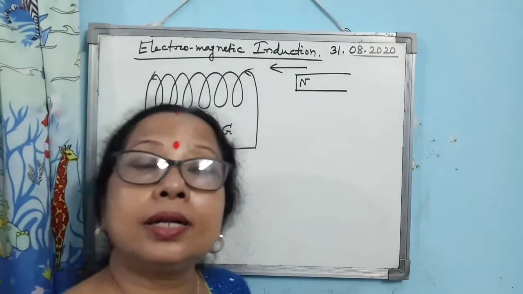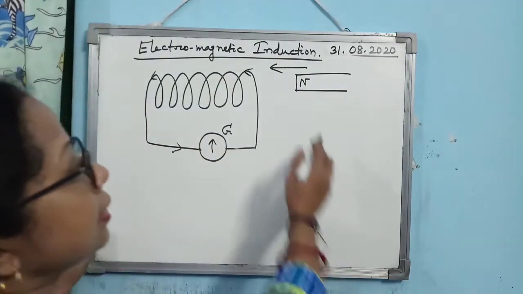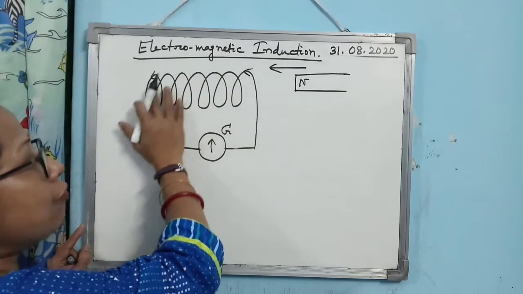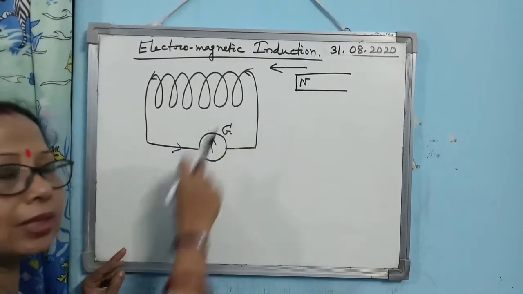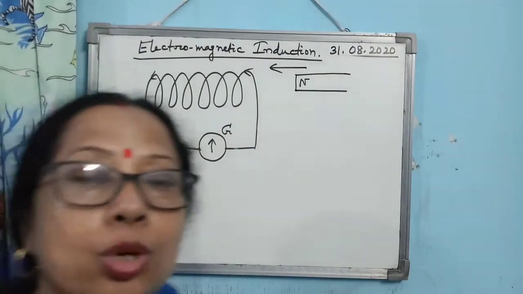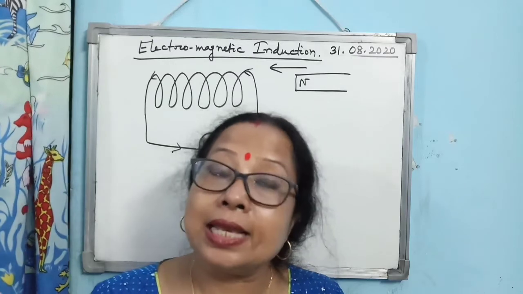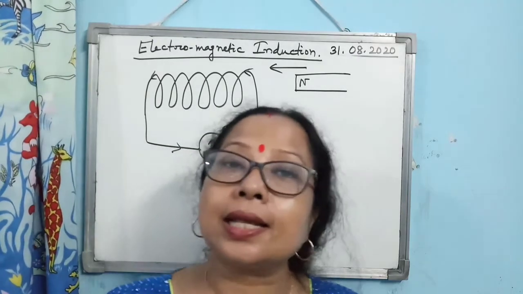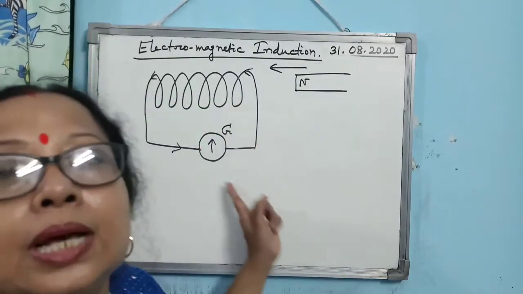Alright, now why is this happening? Because when the north pole is in motion, the magnetic flux linked with the closed circuit, or the magnetic flux linked with the coil, changes. So when the magnetic flux linked with the coil changes, an EMF will be induced in the coil, and if the circuit is closed, then a current will flow through the circuit.